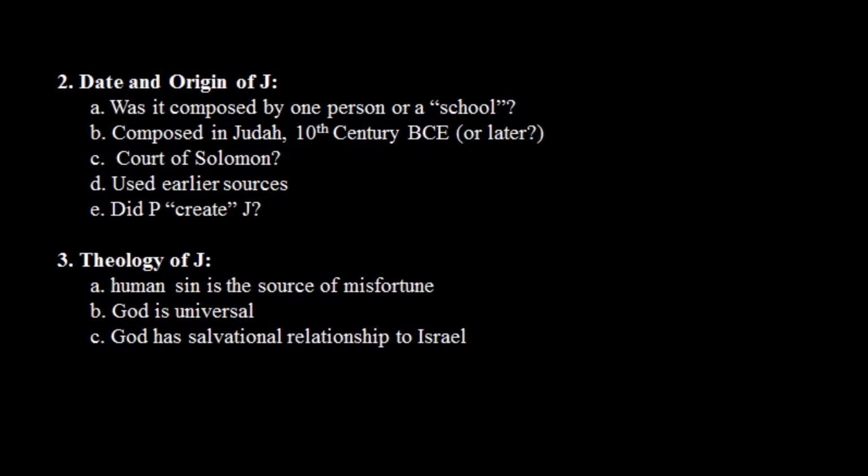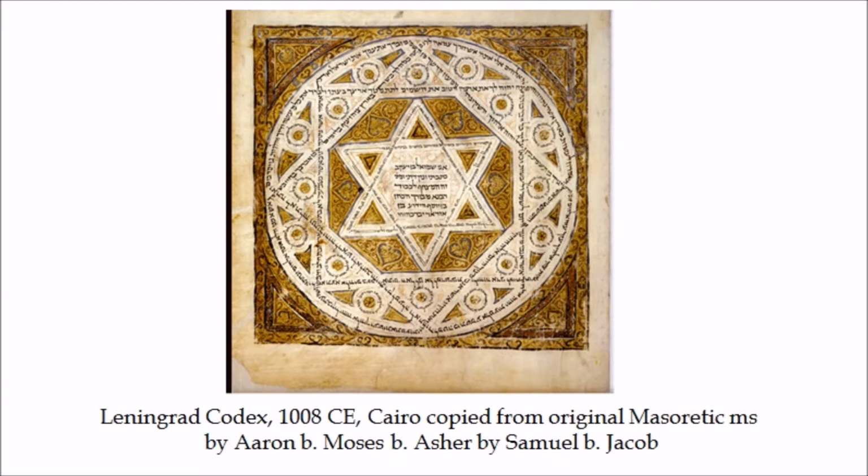One thing I didn't mention is both E and J, you find not only this notion of local shrines where you can have God manifest, but you also find angels. That's where the angels show up in the Torah, are in E and J. They believed that God could have these messengers, and the angels, when they talk, often talk as if they are God, so there's no real measurable separation.